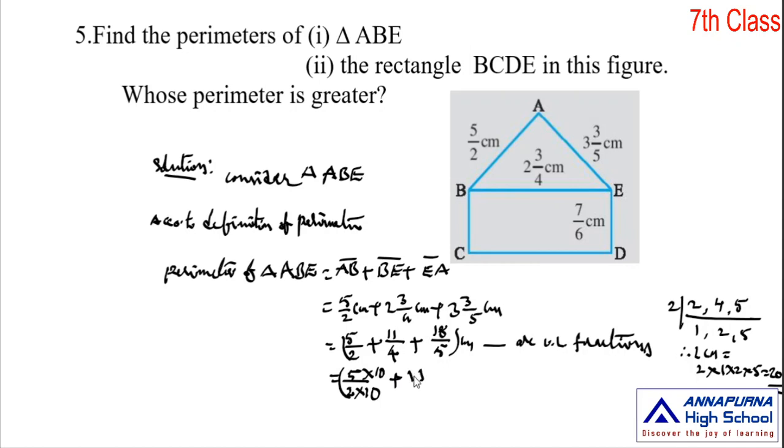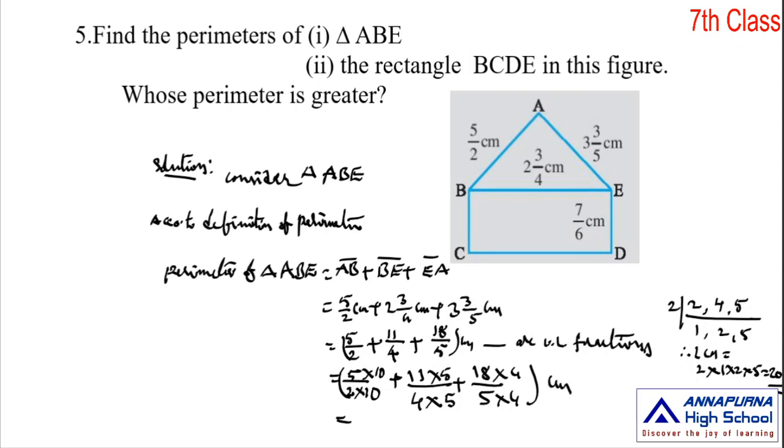Here also 11 by 4. 4 can be multiplied by 5: 4 fives are 20, and the numerator 11 also by 5, plus 18 by 5. 5 fours are 20, so 18 by 5 also, in centimeters.